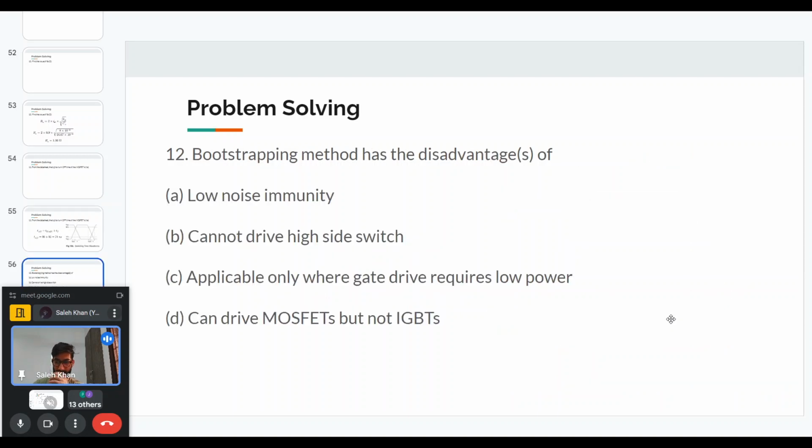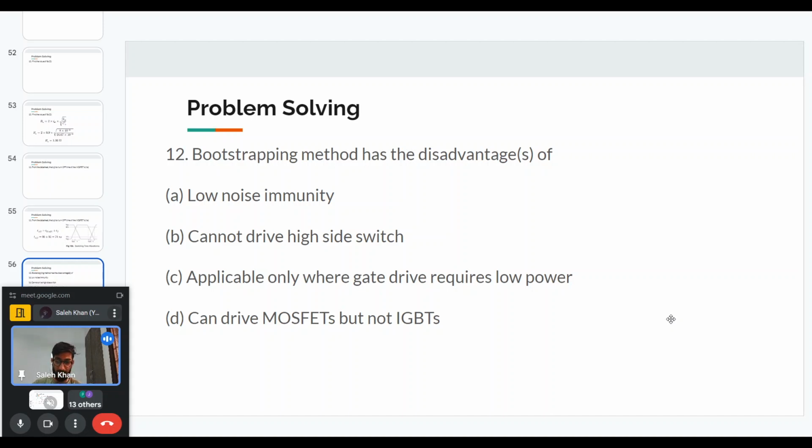So the next question is about bootstrapping. What are the disadvantages of bootstrapping? And you have four options: low noise immunity, whether it can or cannot drive high side switch, applicable only where gate driver requires low power, and can drive MOSFETs but not IGBTs.